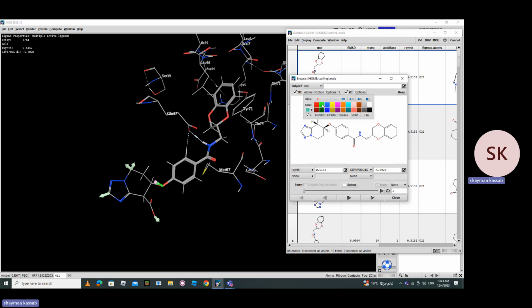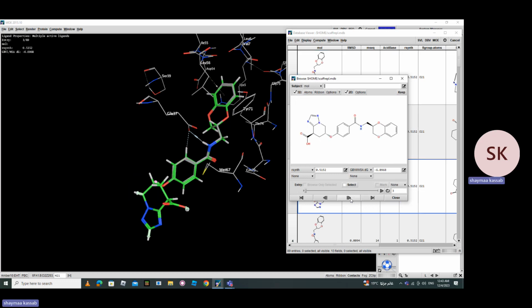Let's change the color. This is the new compound. As you see, it has the same conformation as the whole ligand, except for this one, which is free. This newly introduced fragment is free to position itself according to the best conformer or the best energetic state of the conformer.